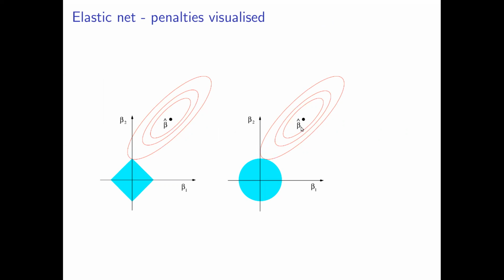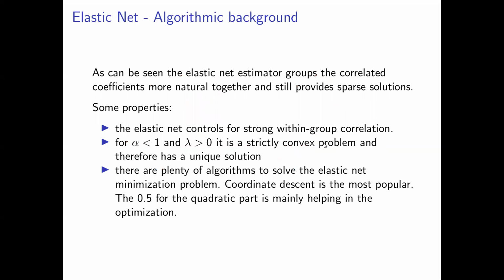On the other hand, I said that the lasso has problems with highly correlated parameters. We obtain the regularization effect of the ridge regression for dealing with highly correlated scenarios. Therefore, elastic net is really strong with within group correlation.